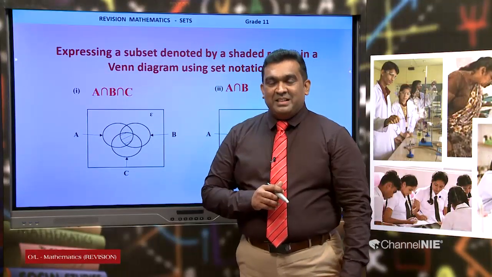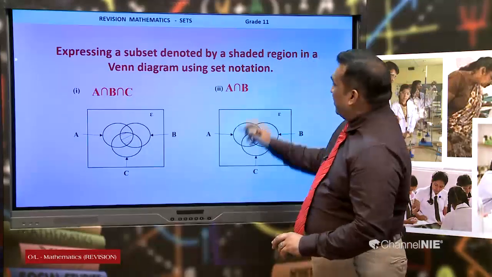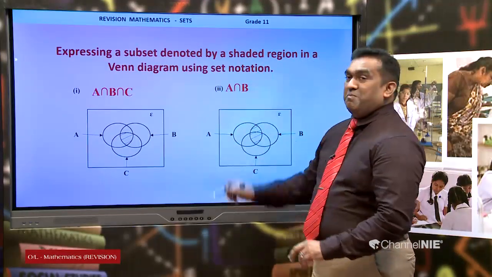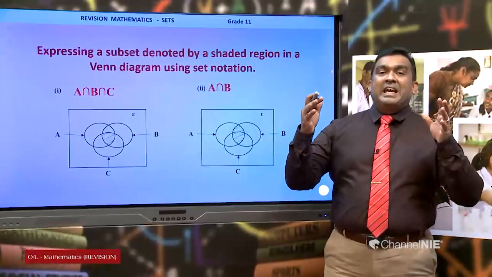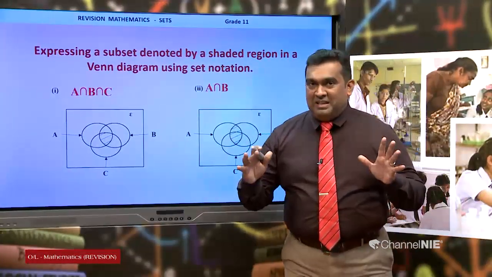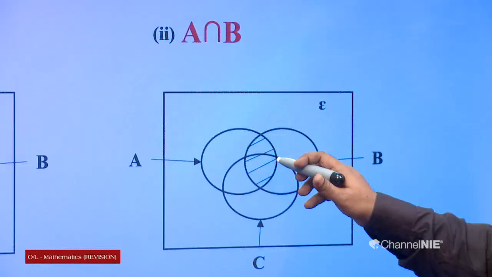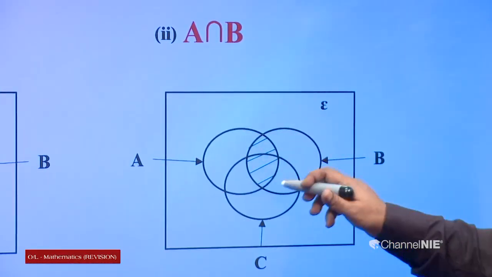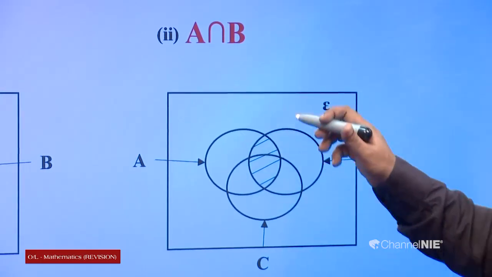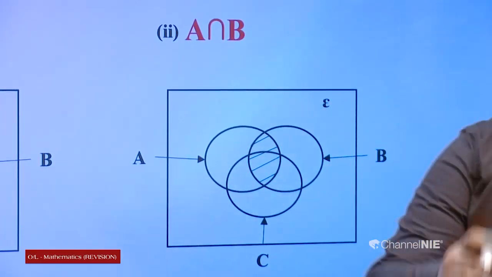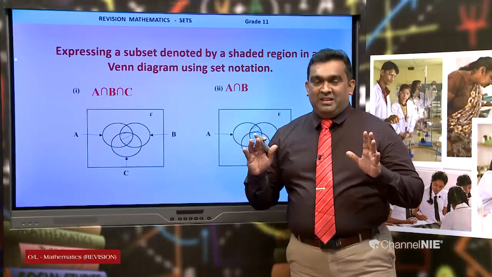Right? Now consider A intersection B, the common region for only A and B. This is the common region. There is another set C, but don't think about that. We need the common region of A and B. Right?